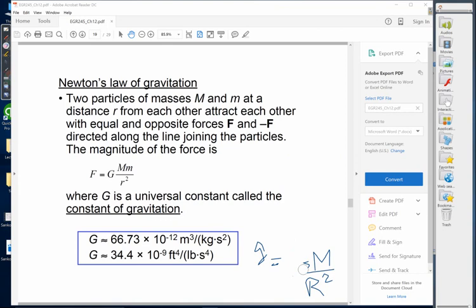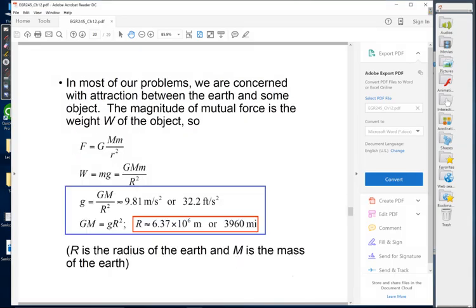So let's take a closer look at a circular orbit. I mentioned radius of the Earth. The radius of the Earth is a very important quantity that we're going to need quite often because we're going to deal with a lot of orbit problems about the Earth.